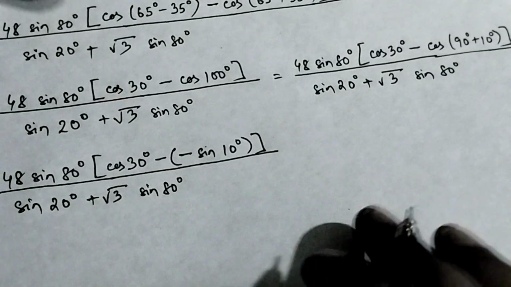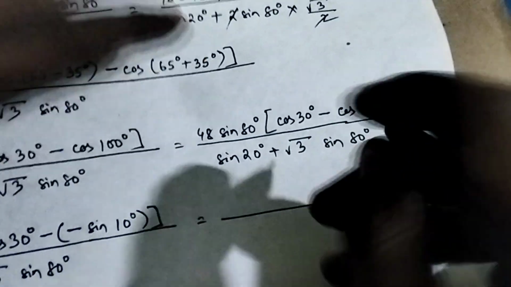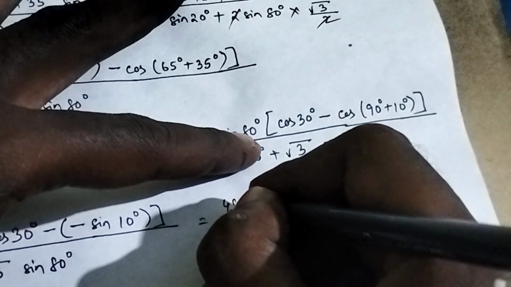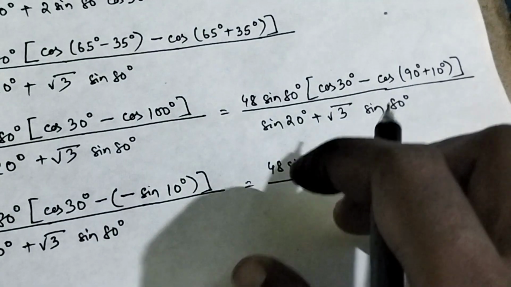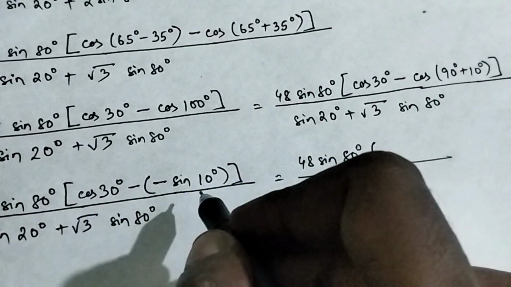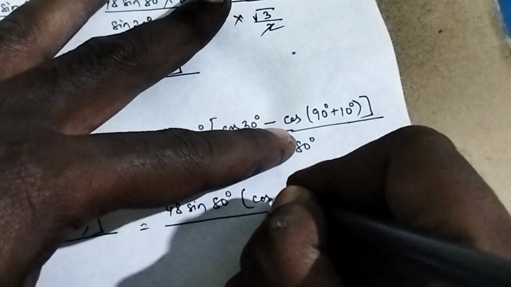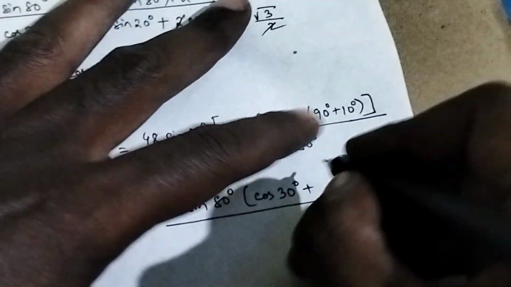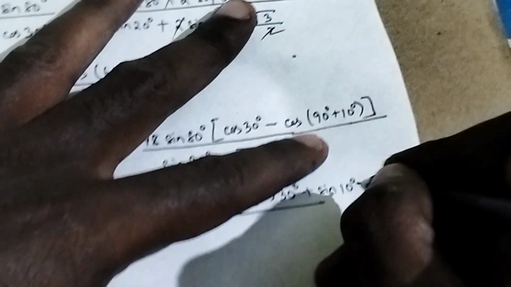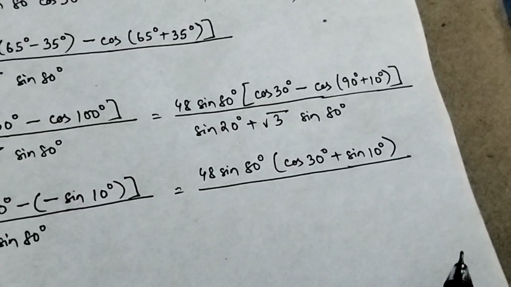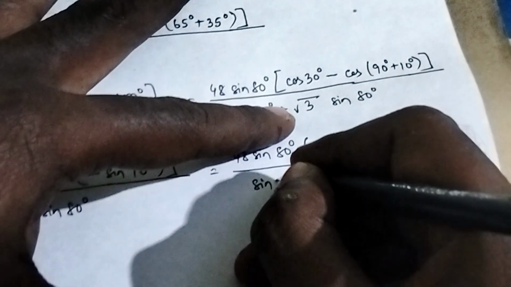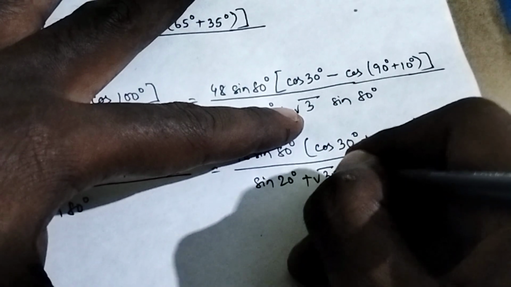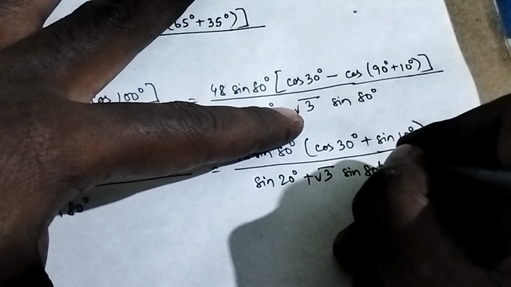So it is 48 sine 80 degree into cos 30 degree plus sine 10 degree. And in the denominator, as it is written, sine 20 degree plus root 3 sine 80 degree.